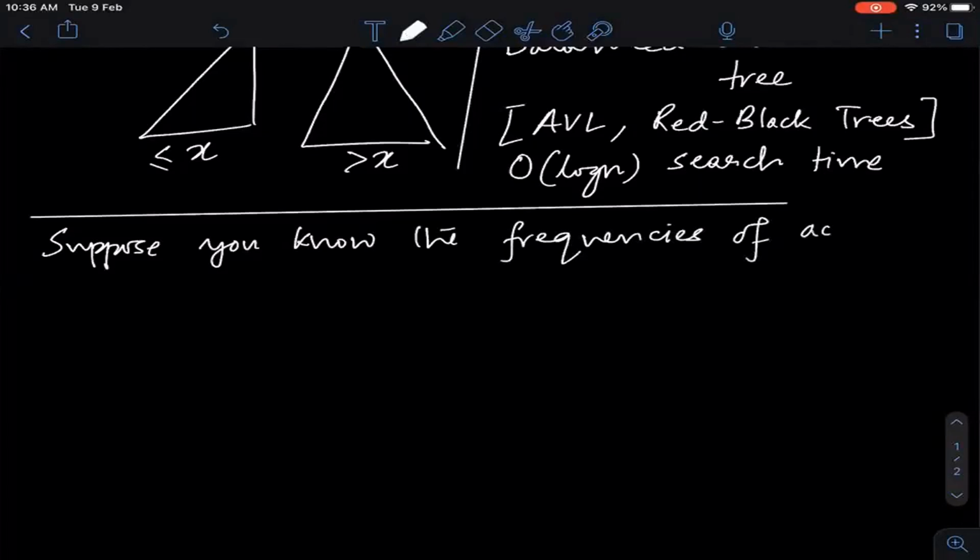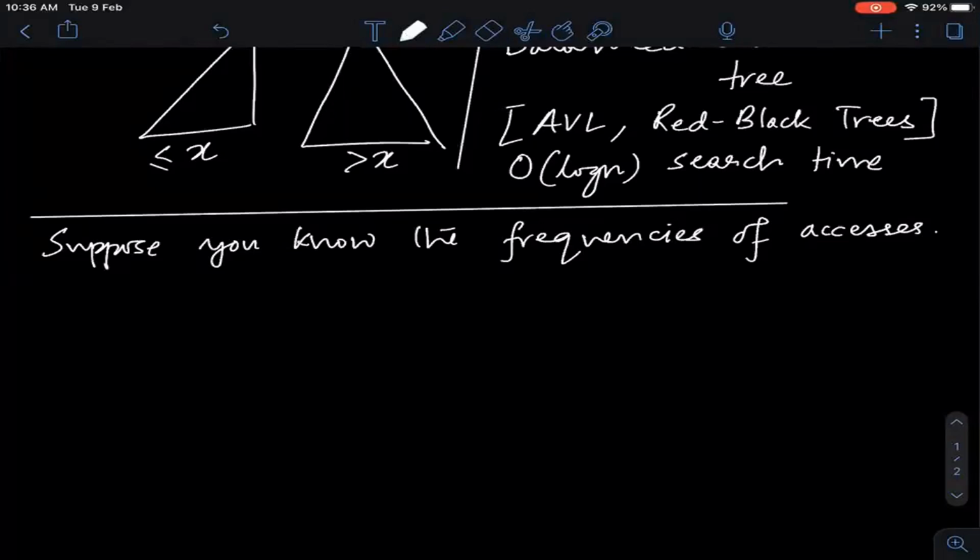What do I mean by that? Let's say you are trying to build a lookup data structure for an application where you have a fairly good idea of how many times each of the keys is going to be accessed. So you know that one is going to be accessed, let's say, 10 times, two is going to be accessed 7 times, and 3 is going to be accessed 15 times, and so on and so forth.